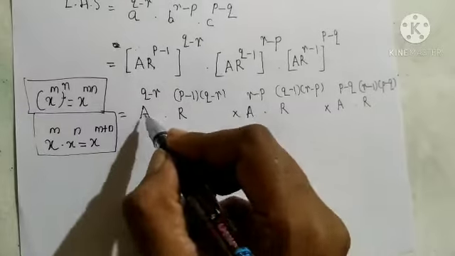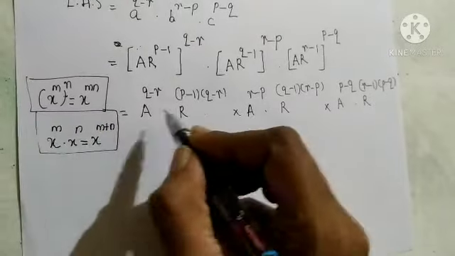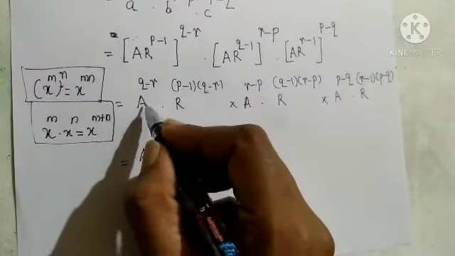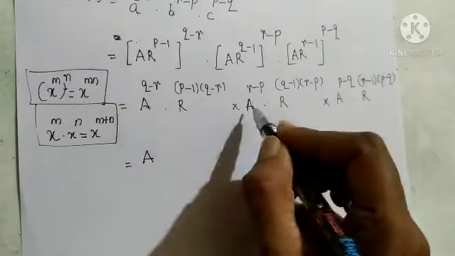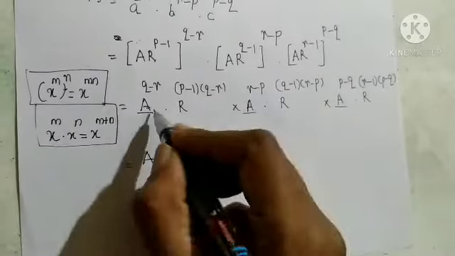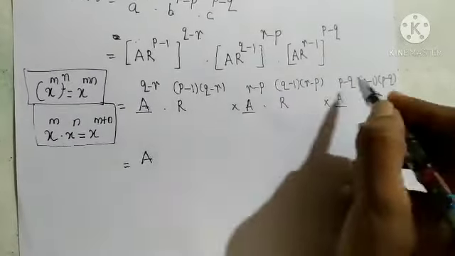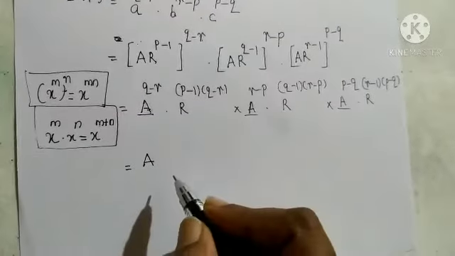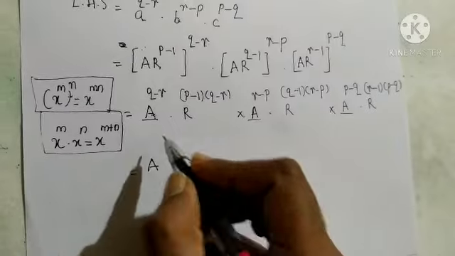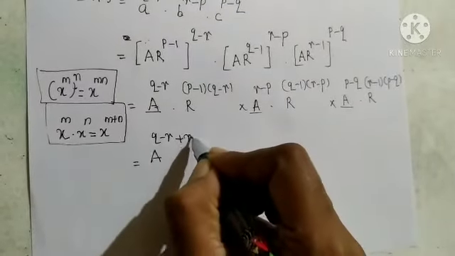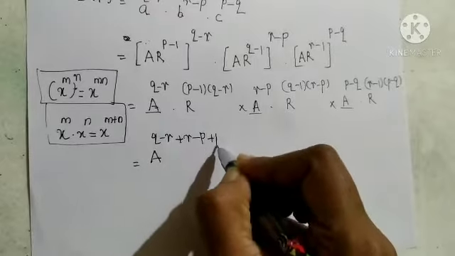Using this law of exponent, I'm going to write here base A. In these three terms the base is A but the power is different. So I'm going to write the whole power as a sum. Here we get q minus r plus r minus p plus p minus q.